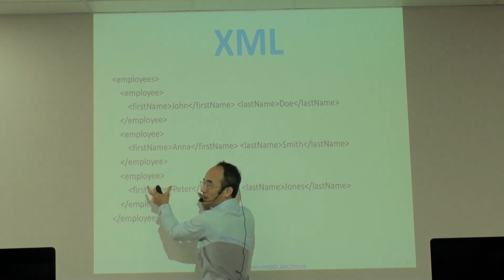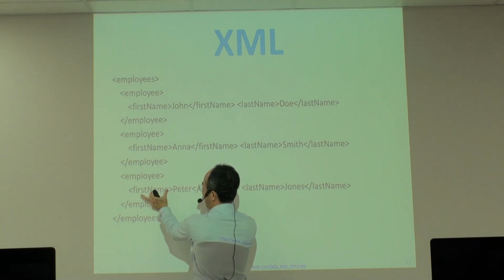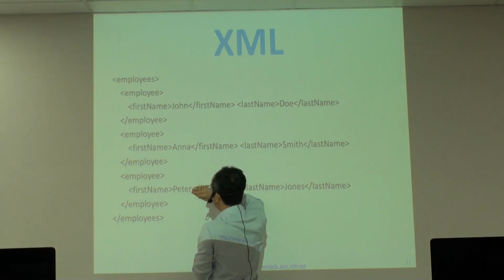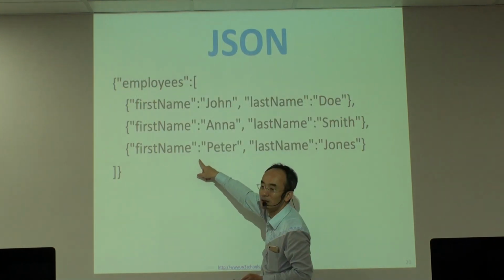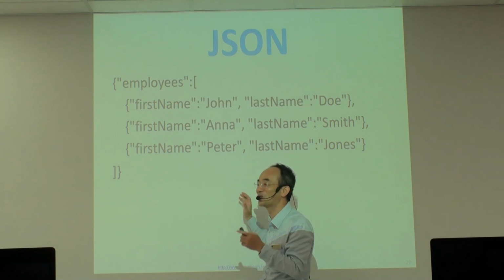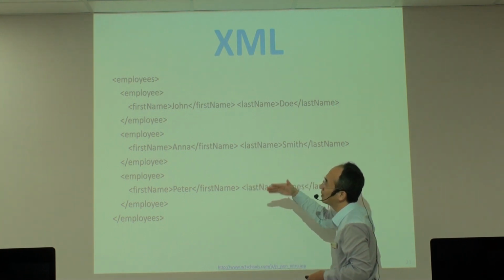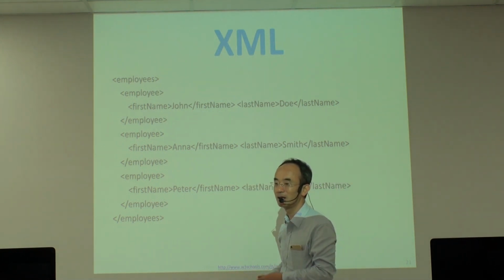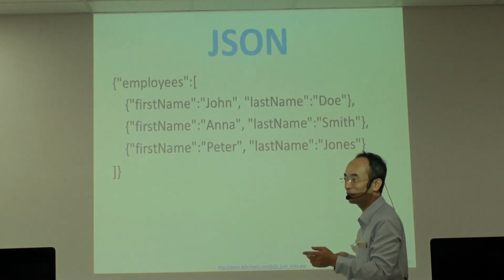The tag for an XML file needs a pair. So if we remove this one, it's like this one. Okay, it's shorter. It's short and sweet for a JSON file to display the same content, right? So this is an XML file. This is an alternative to JSON files.